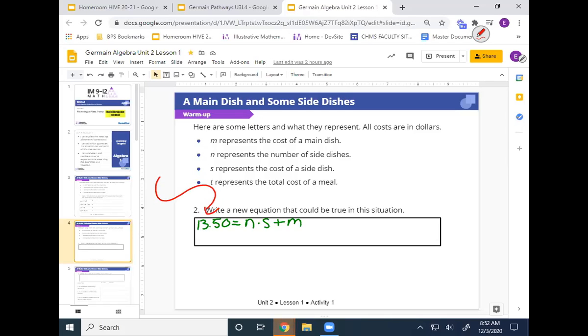Kyle, the thing about that one is that it is exactly the same as the last one, so it's not really a new one. Okay. Oh, Gwen, I love it. T minus m is equal to n times s. Yes, the total minus the main dish is equal to the number of sides times the cost per side. Very good, nice job.